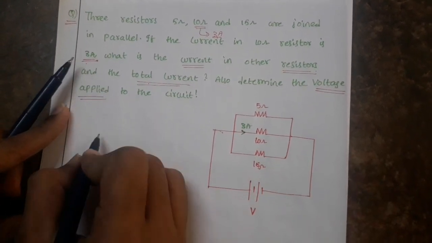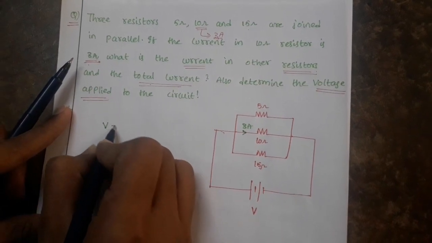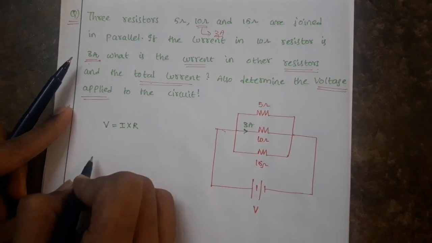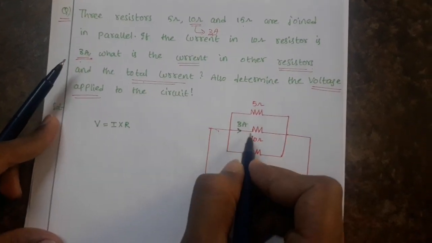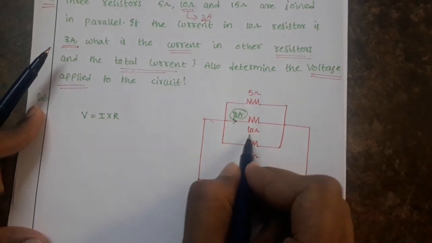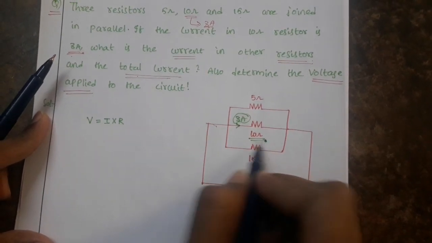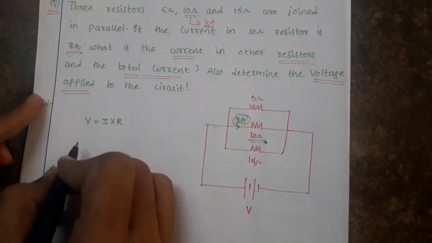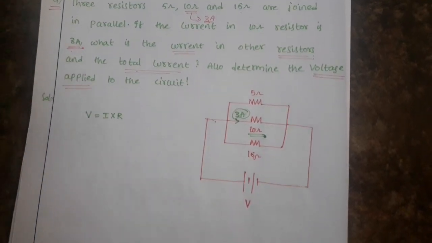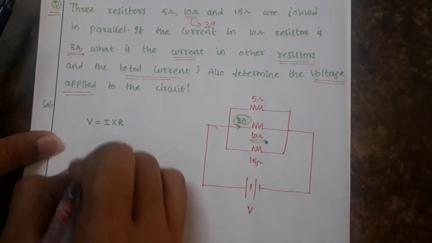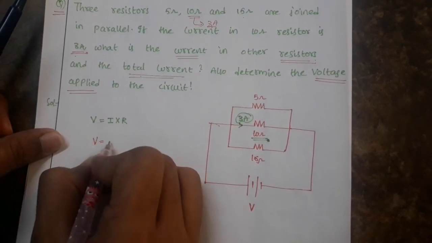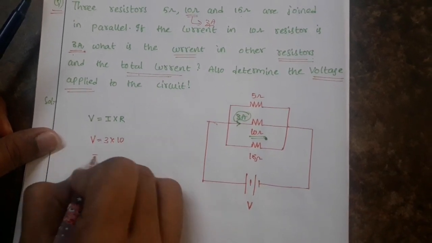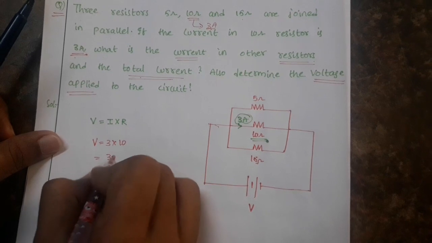So we know according to Ohm's law, voltage equals current into resistance. They have given the current through the 10 ohm resistor, so we can find the voltage by using Ohm's law. Therefore V equals I, which is 3 amperes, into 10, that is equal to 30 volts.